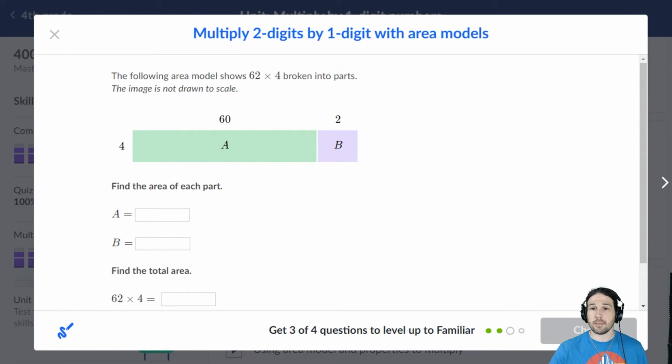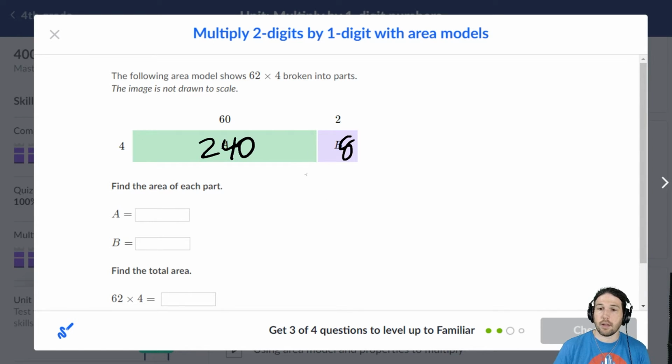Same deal here. And I'm actually going to go ahead and draw on the diagram this time. This green rectangle here is area 4 times 60, which is 240. Because this is a rectangle, this rectangle B also has a height of 4, right? That stays all the way across, assuming it's a rectangle. 4 times 2 is 8.